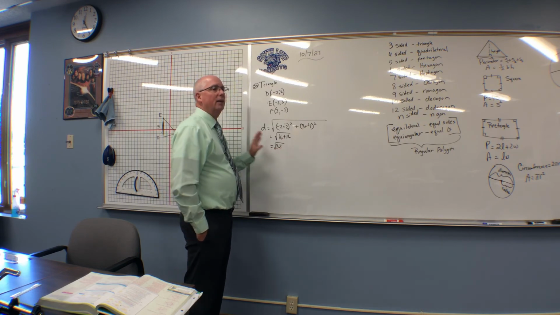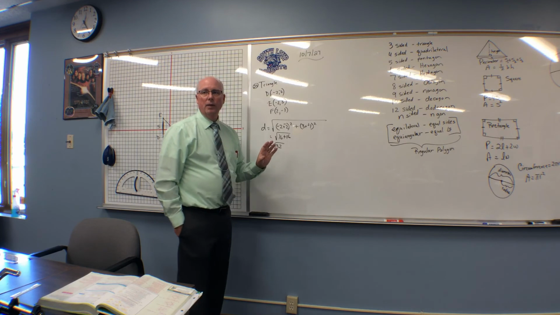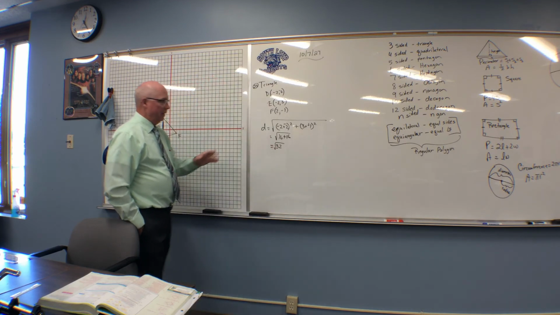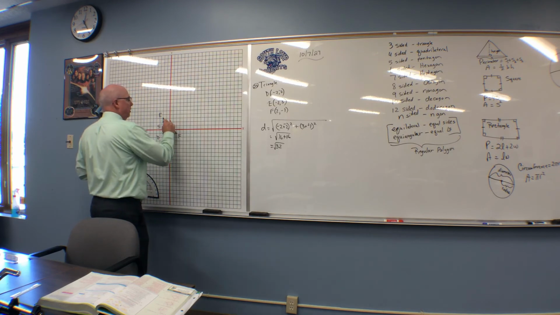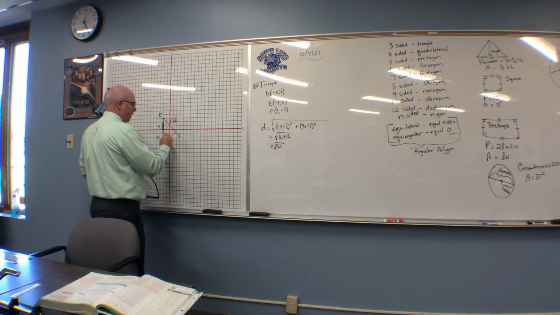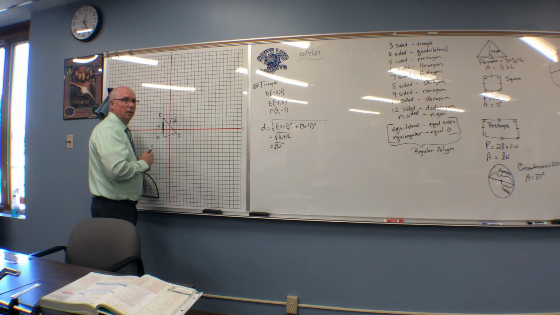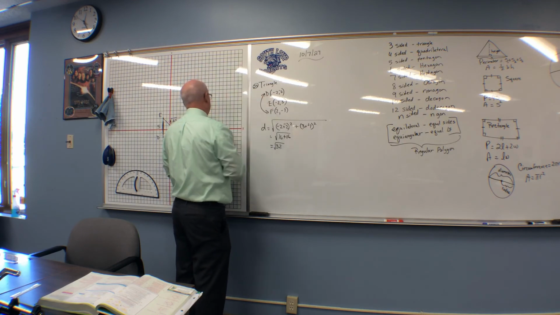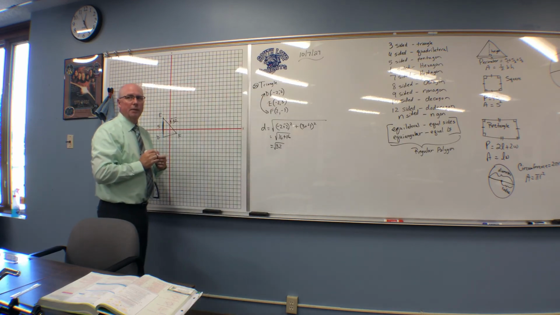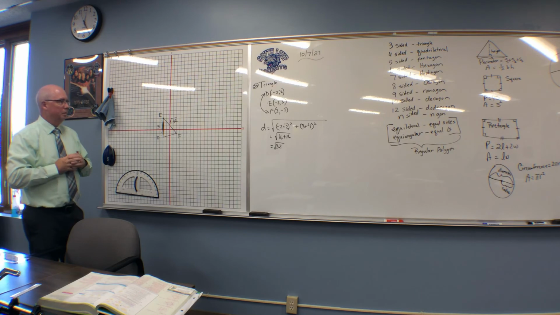Okay, so we're gonna leave it like that for right now. We're not gonna simplify, because I'm gonna have you do these in decimals. This is the square root of 32. The next thing I'm gonna have you do is find DF. So I'm going from here to here, finding the distance between these two. Wouldn't the -2 minus -2 be 0?